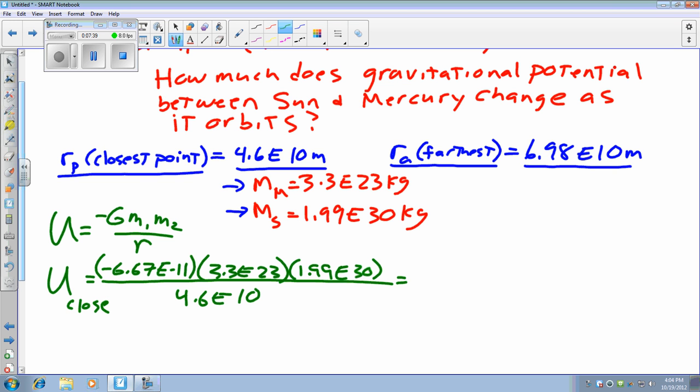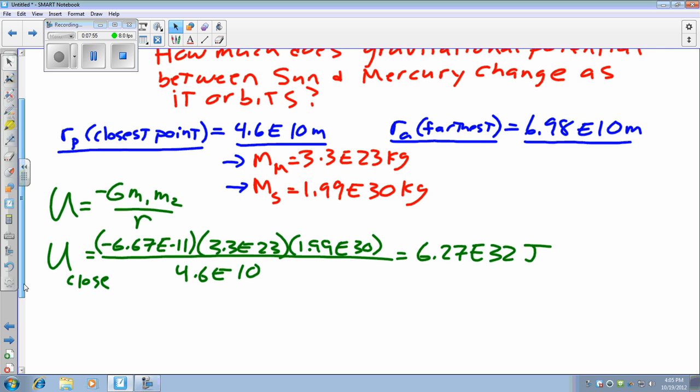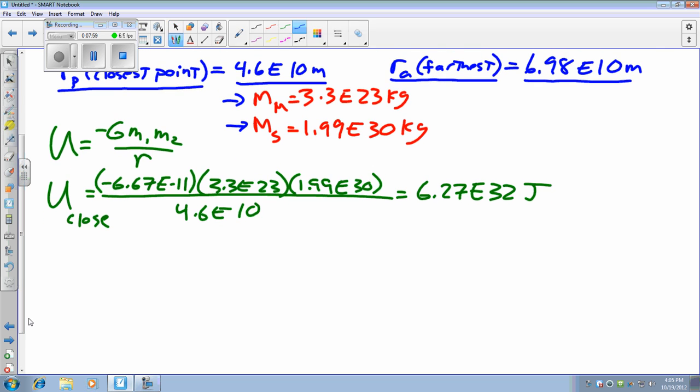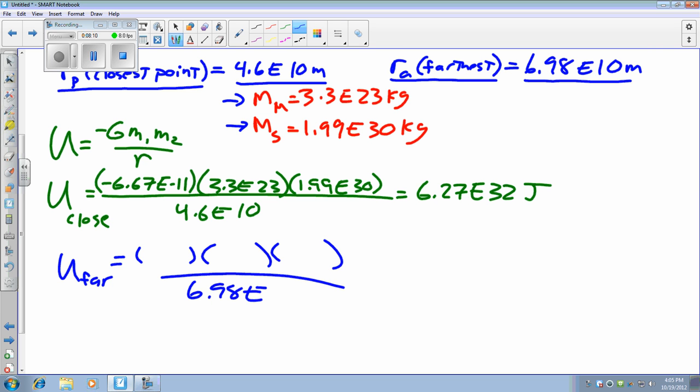And that ends up being, let me just check my notes, 6.27 times 10 to the 32, well, energies in joules. All right, so U far is going to be the same numbers divided by 6.98 E10, and that ends up giving you 9.52 times 10 to the 32 joules.